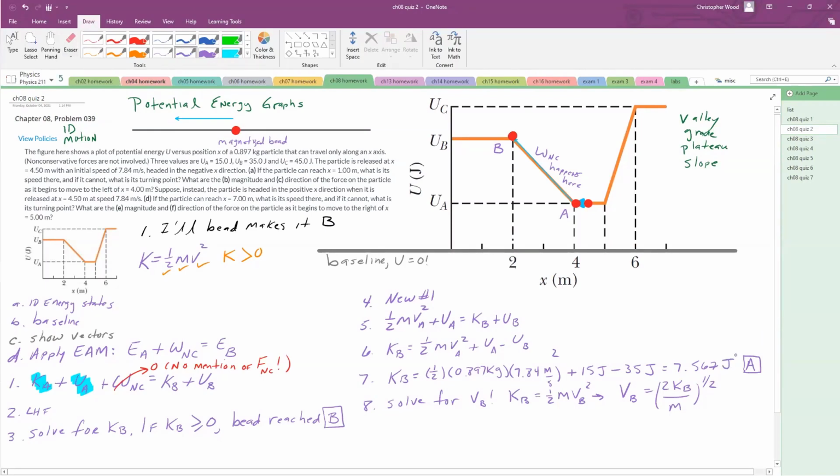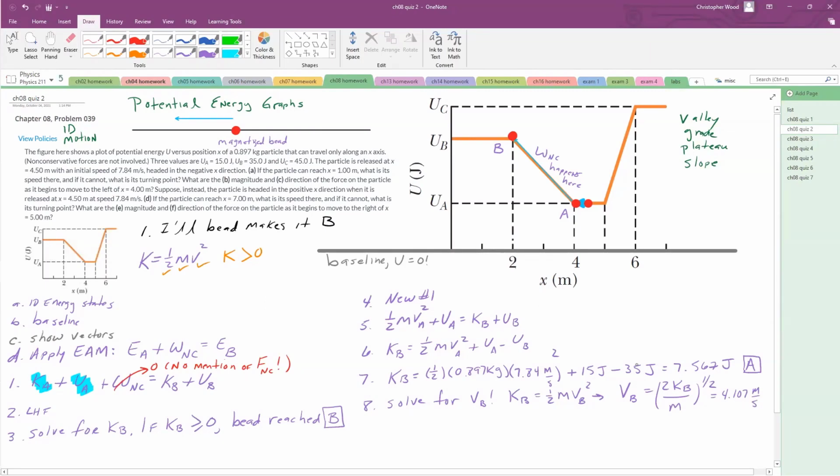Okay, let's see what the velocity is. 2 times alpha A divided by 0.897, square root of all that, 4.107 meters per second.